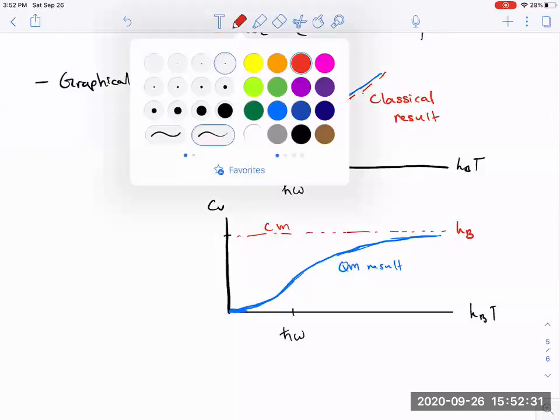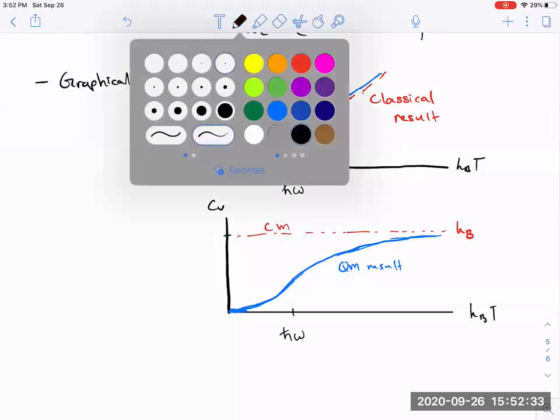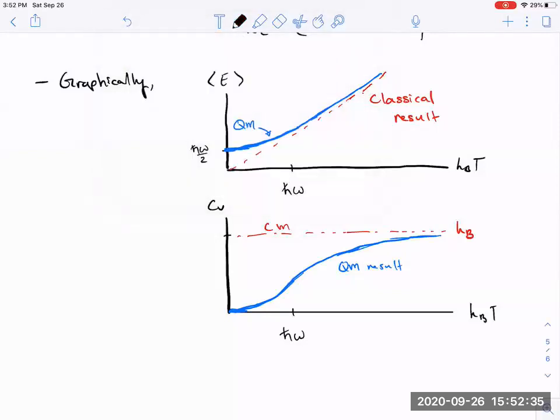So what we learned by making these plots and doing this analysis is that for the harmonic oscillator, quantum mechanics really matters when kBT is much, much less than whatever characteristic energy gap fluctuations face.